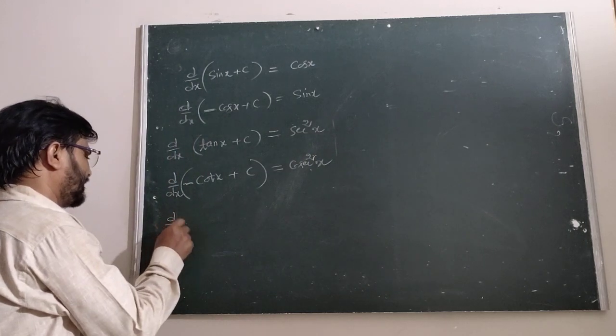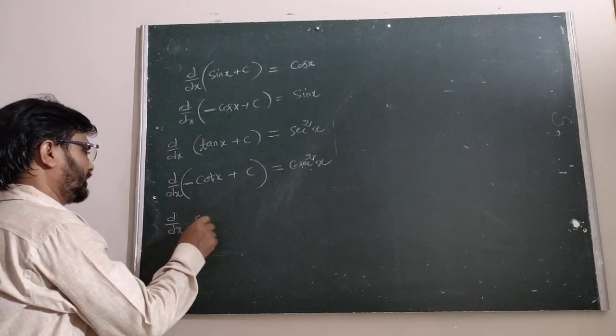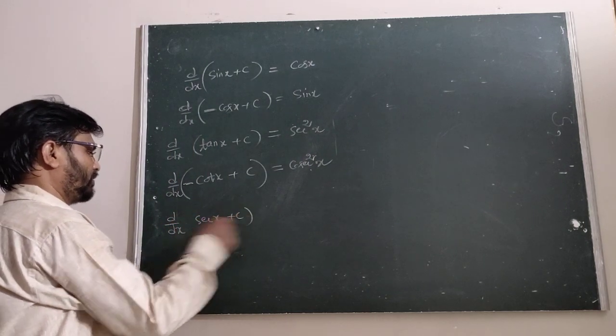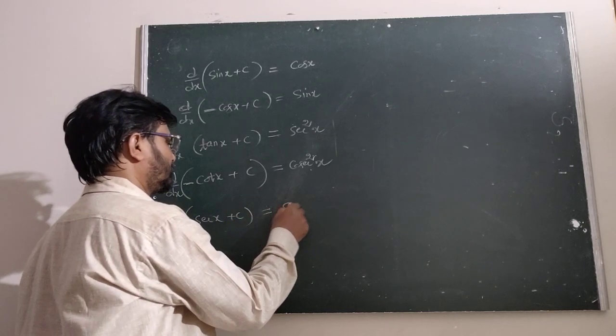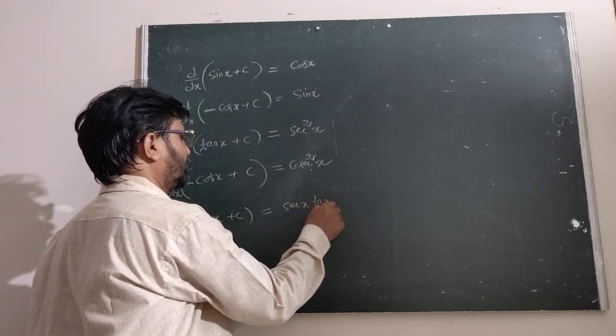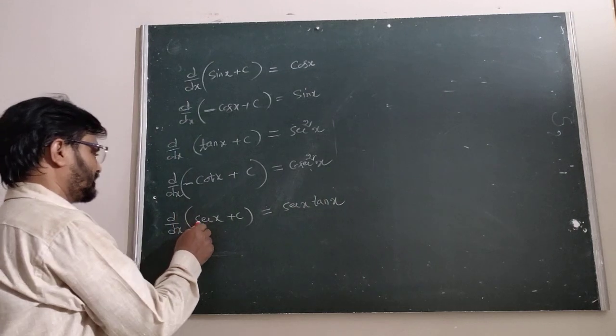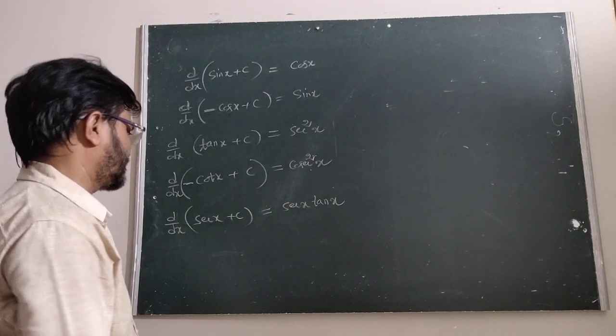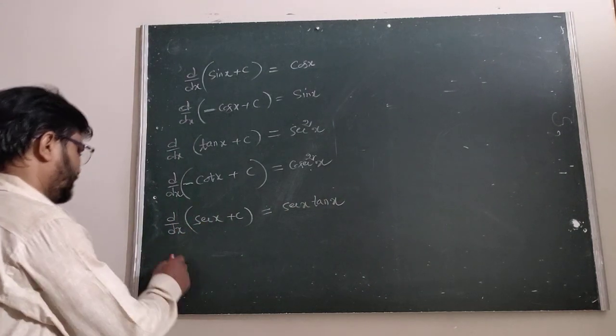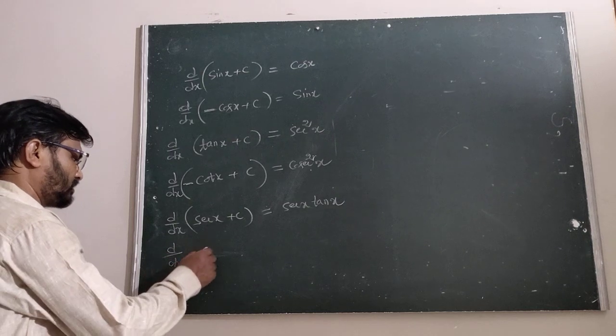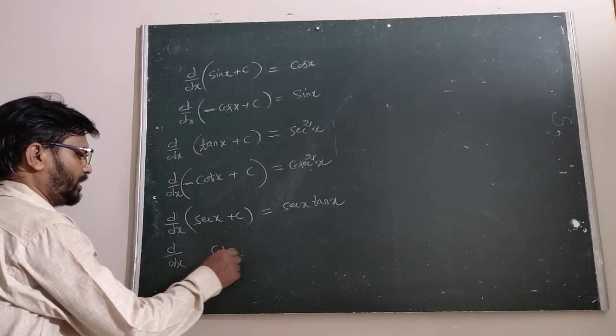Now the d by dx of secant x. The derivative of secant x is secant x tan x. Now we can write the d by dx of cosecant x.